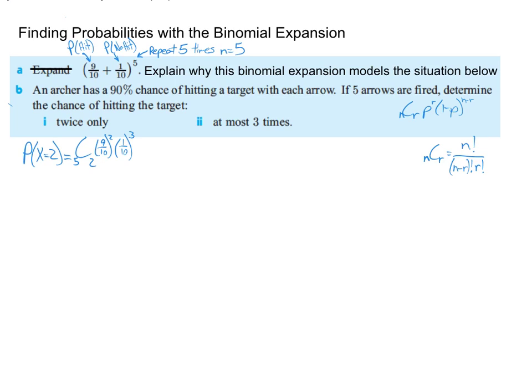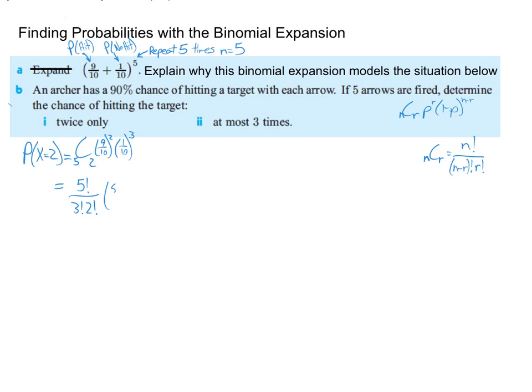All right, so now we've got to figure this out. So 5 factorial over 3 factorial times 2 factorial, because n minus r, 5 minus 2, is 3 factorial. Remember to simplify this.